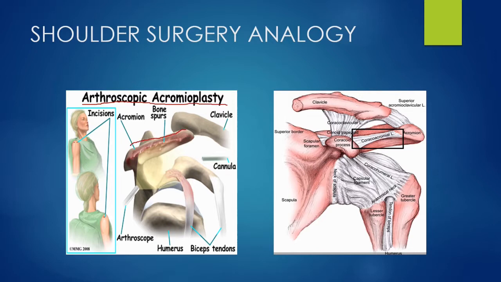process here is shaved and debrided to remove bone spurs, to remove built-up material along the undersurface of the acromion process. In the case of a hooked type 3 acromion process, many times that hook is shaved off and removed in order to reestablish the subacromial space and to allow freedom for translation of the supraspinatus tendon through the subacromial space.